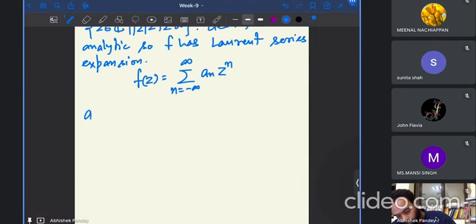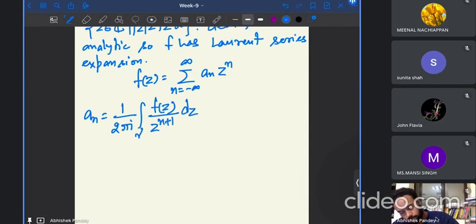Now, what is your a_n? a_n is 1 upon 2 pi i times the integral over gamma of f(z) upon z to the power n plus 1 dz, where gamma is the curve |z| = r, where r is greater than 1. Is it clear?